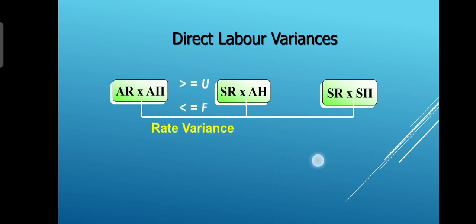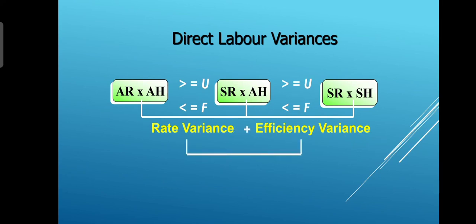Rate variance is the difference between ARAH and SRAH. Efficiency variance is the difference between SRAH and SRSH. Total labor variance is rate variance plus efficiency variance.